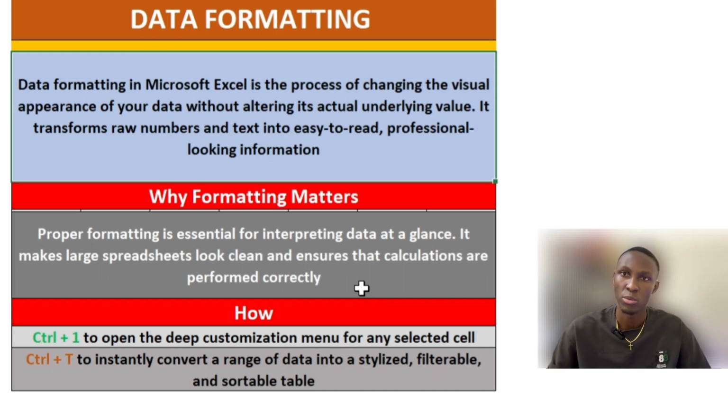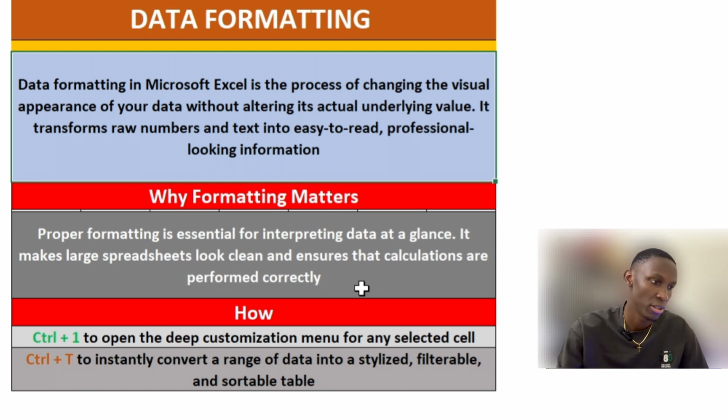How to apply it? With the help of Ctrl+1, you open the customize menu for any selected cell. Or with the help of Ctrl+T, you format your data into a table so that it's easy to read and looks professional.